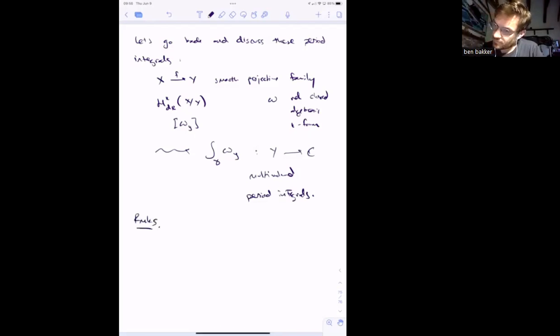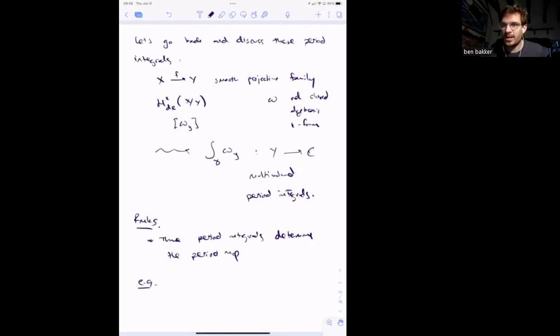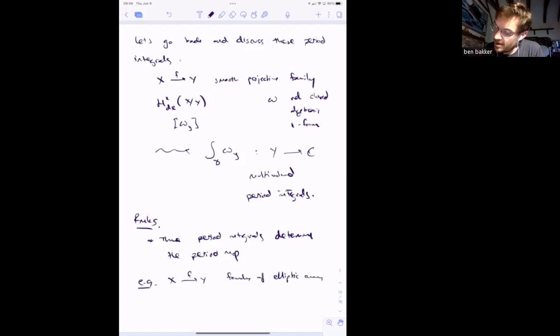Sort of these period integrals determine the period map. And the best way to see that is by looking at the case of a family of elliptic curves, so if X over Y is a family of elliptic curves, and we're talking about H1.